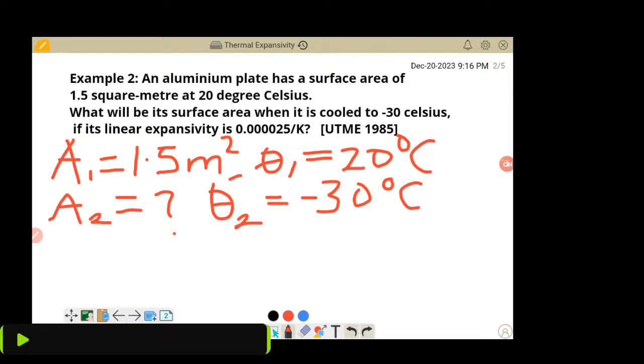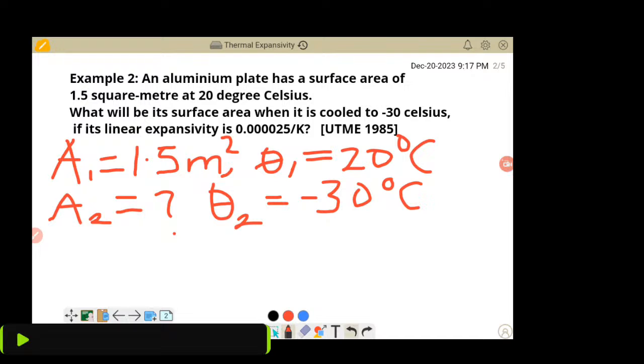So the temperature reduces, and what we expect to see here will be contraction instead of expansion, because the temperature reduces.